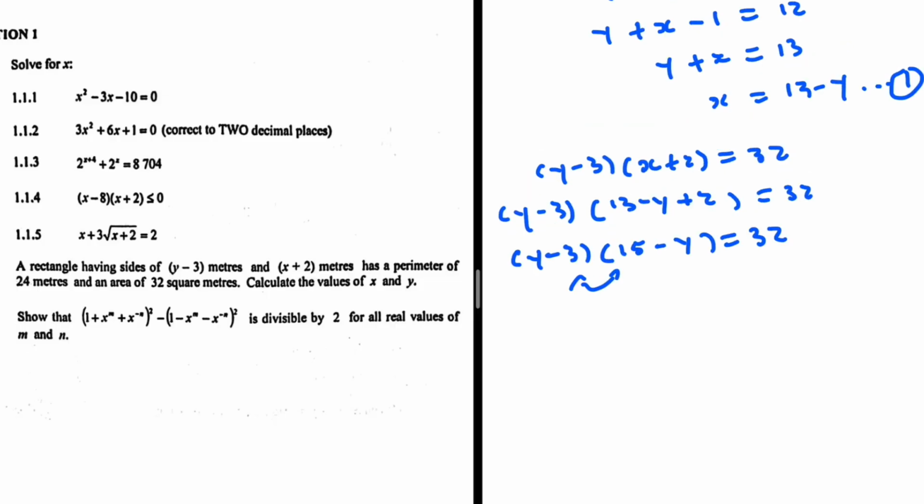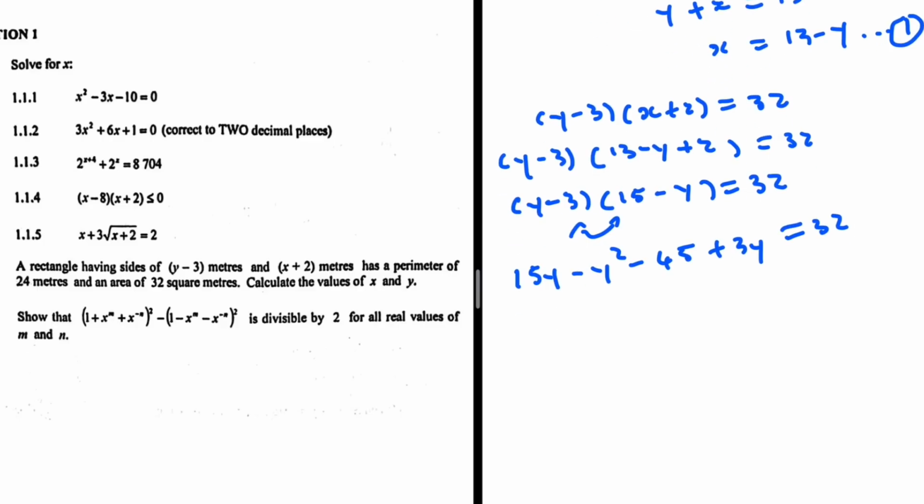We are going to have 15y minus y squared minus 45 plus 3y being equal to 32, right? So minus y squared, 15y plus 3y, that is just 18y, and then minus 45 minus 32, minus 77, is equal to 0.